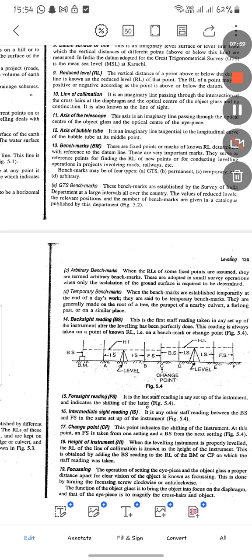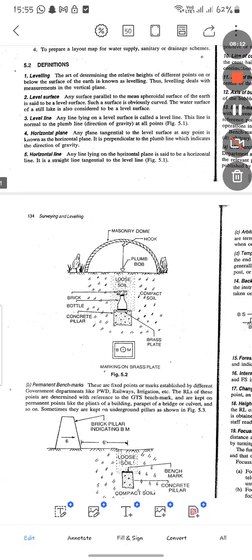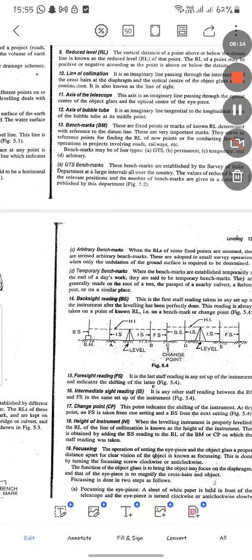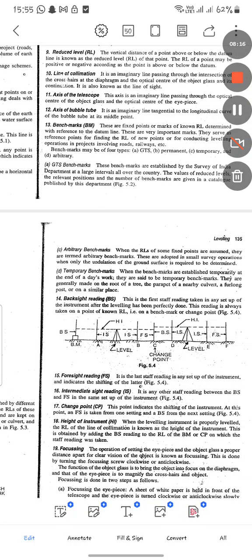The values of reduced levels, the relevant positions and the number of benchmarks are given in a catalogue published by this department.